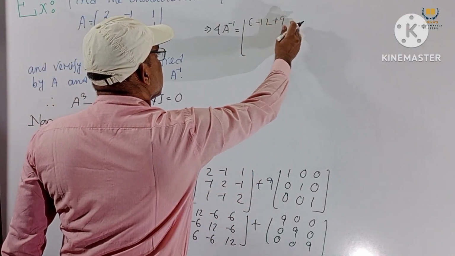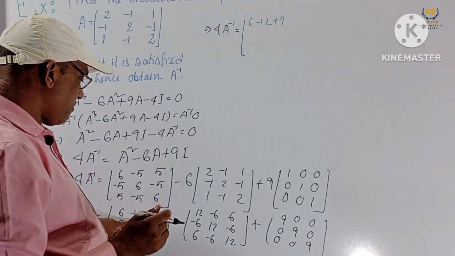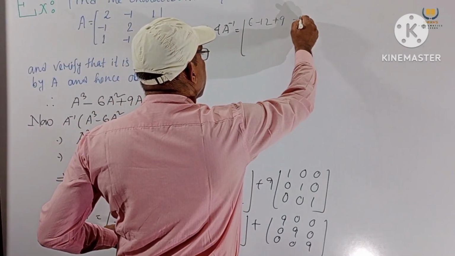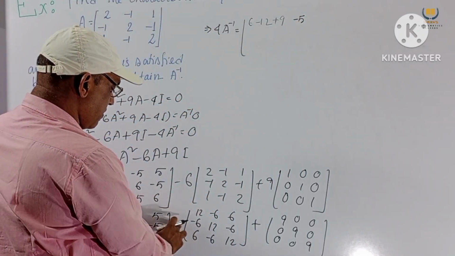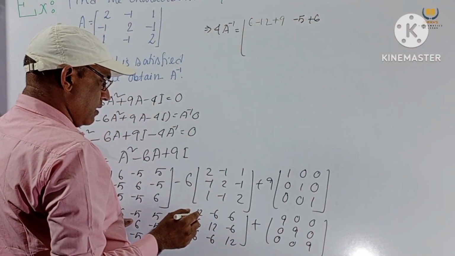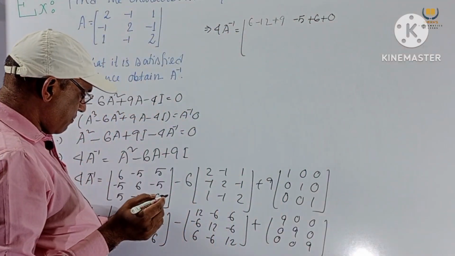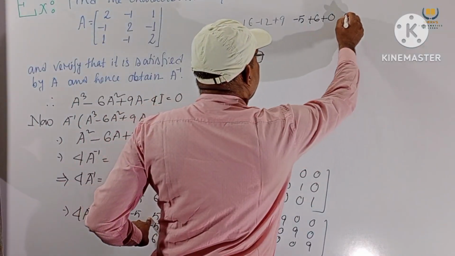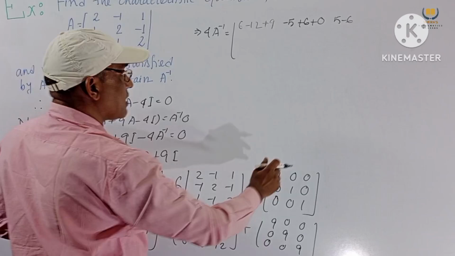We get this: 6 minus 12 plus 9, then minus 5, minus minus plus 6, plus 0, and the last element 5 minus 6, minus 6 plus 0.